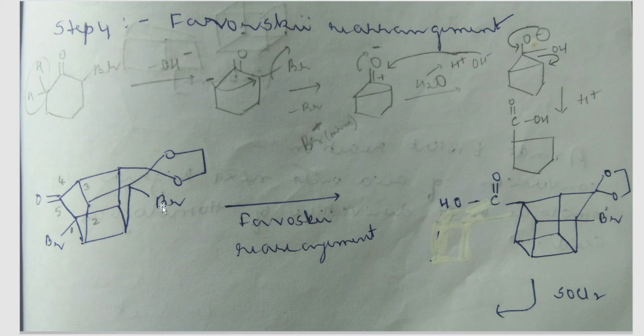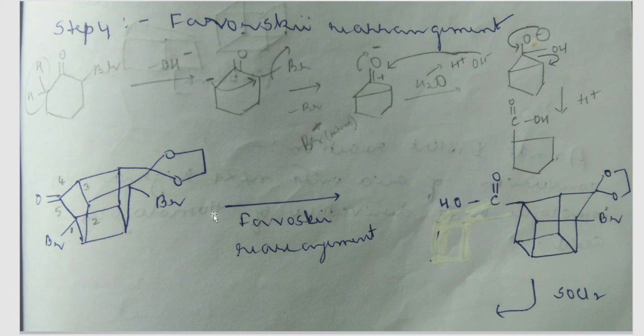Now students, why is it not reacting to this side part, even though a ketone group is there? Why is Favorsky rearrangement not happening to this part? Reason is, in step number 3, we protected this keto group from reacting in the next step. That is the importance of using a protecting group.